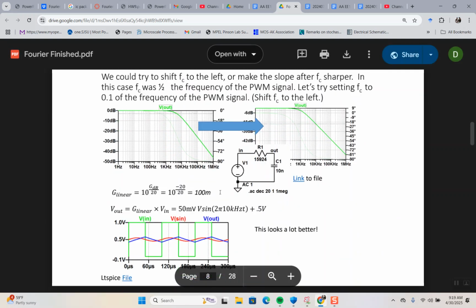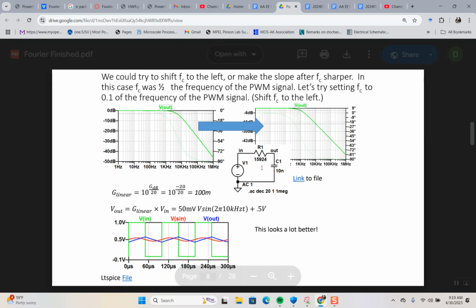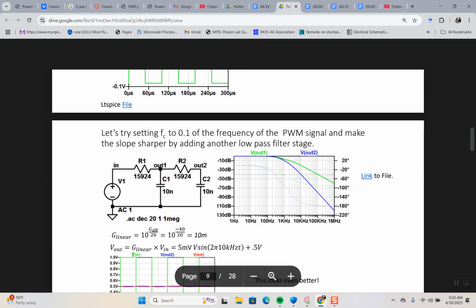And now I change the cutoff frequency again, and you can see that the sine wave is there. If I input a sine wave, I get a sine wave. And you can see the DAC is having this triangle from the square wave, and that's the ripple. Okay.